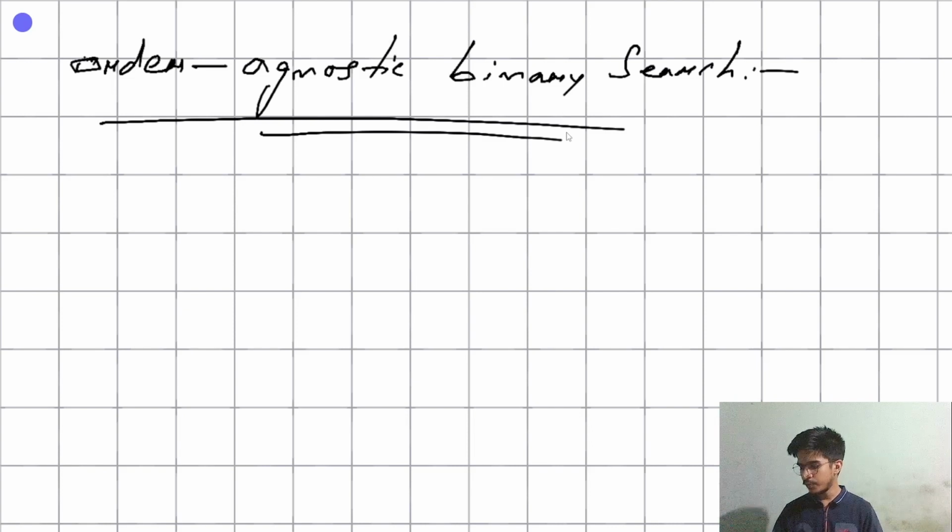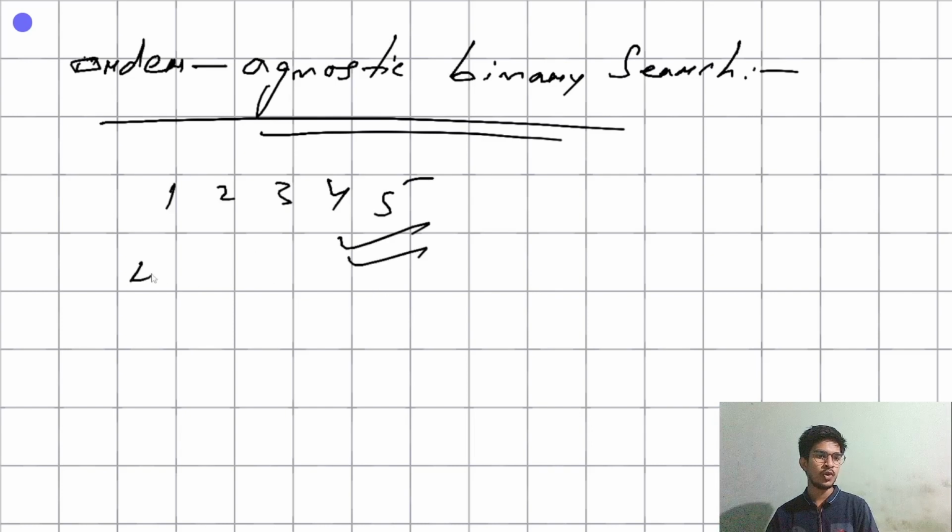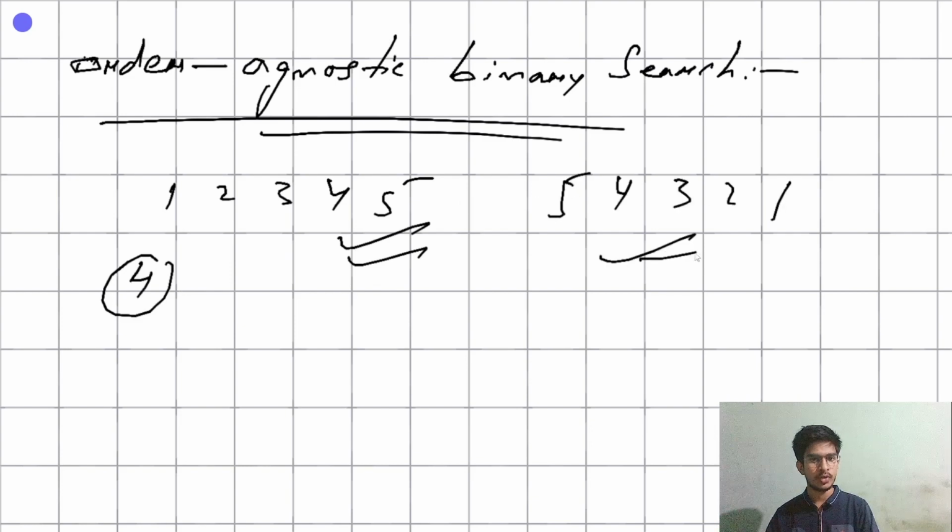That means if you pass 1 2 3 4 and 5, it works, and you want to search for 4, suppose. And if you are given 5 4 3 2 1, it will also work. In both cases it will work.